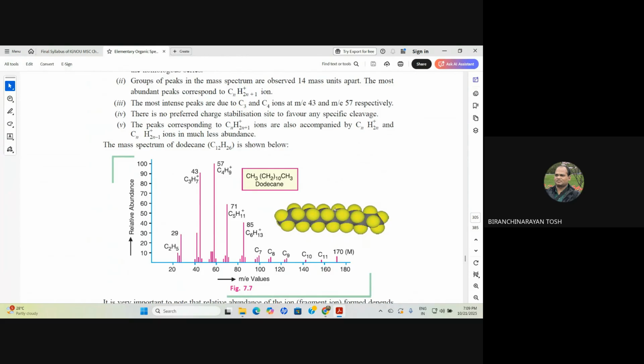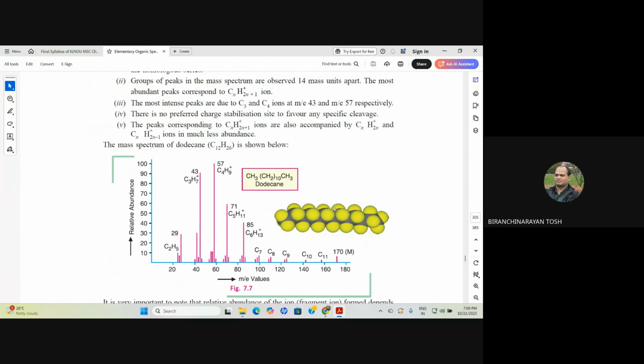This we have already discussed. If you increase the molecular mass, the relative intensity of the parent peak will decrease. So C12 is 144 plus 26, so 170 is the parent peak.